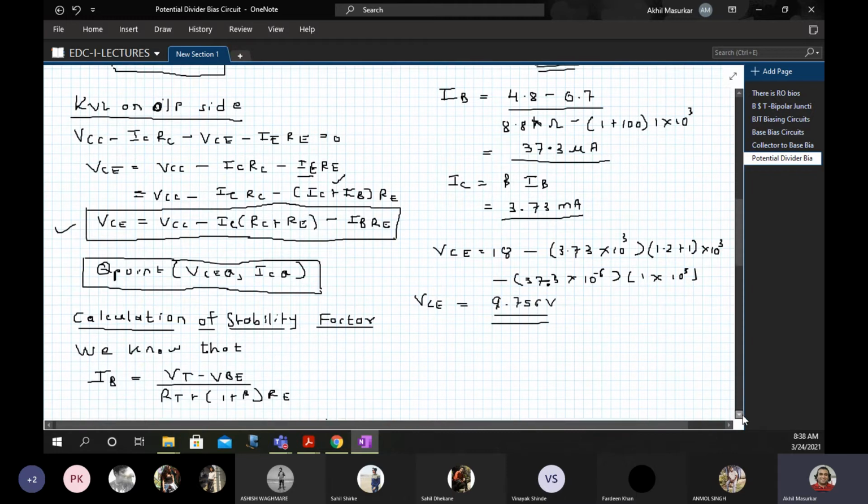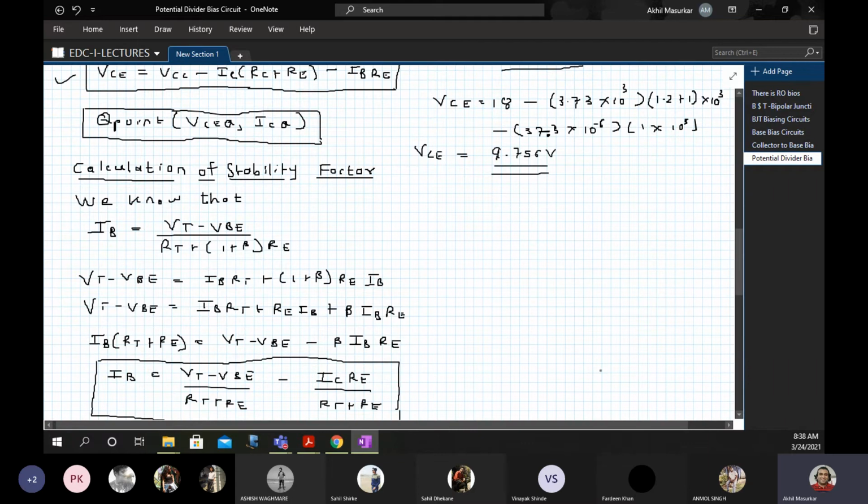So just now we calculated first IB, then IC, and then VCE, for beta equal to 100. You will calculate for beta equal to 200 and beta equal to 50.